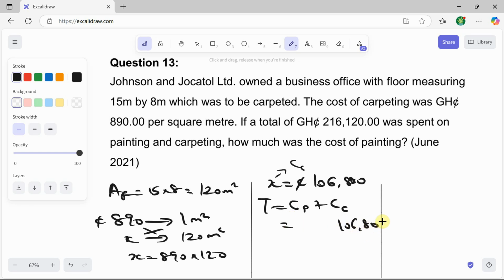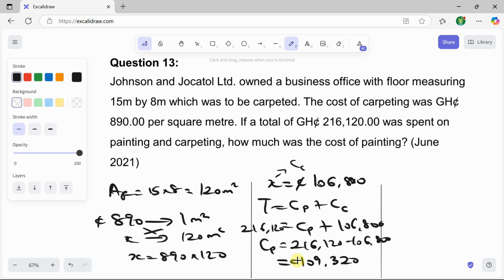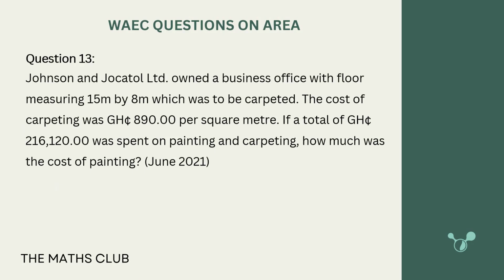So cost of painting plus cost of carpeting, and the total was 216,120. So cost of painting will be 216,120 minus 106,800. So the cost of painting is 109,320 cedis. Simple and short. Let's see if the answer is correct.